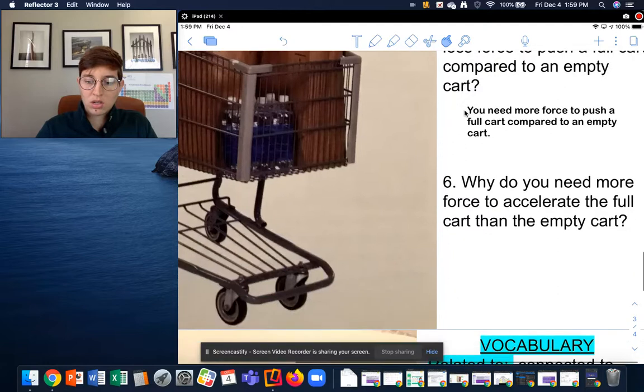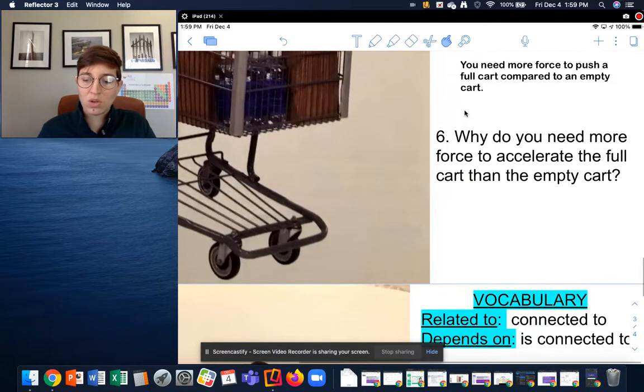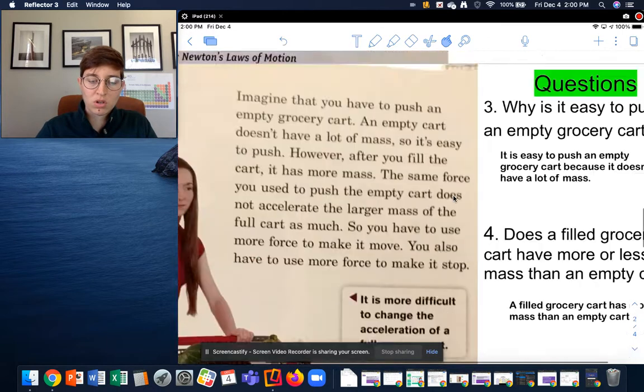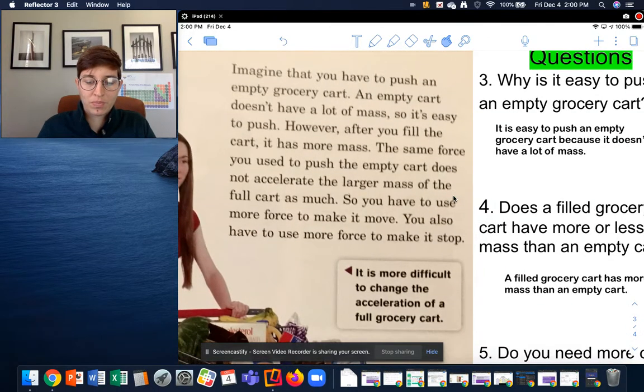All right, number 6. Why do you need more force to accelerate the full cart than the empty cart? Why do you need more force?